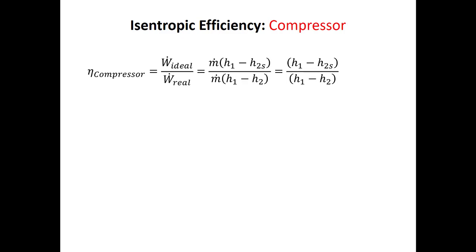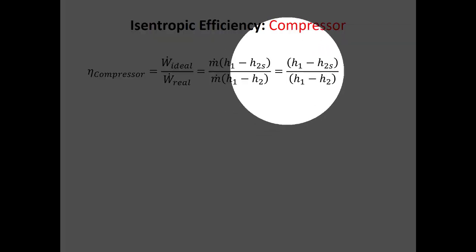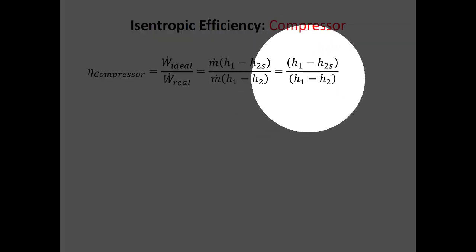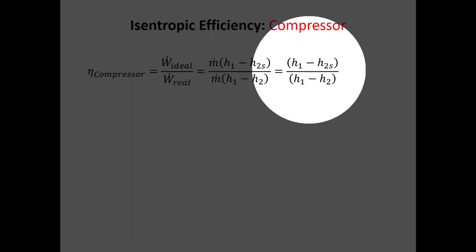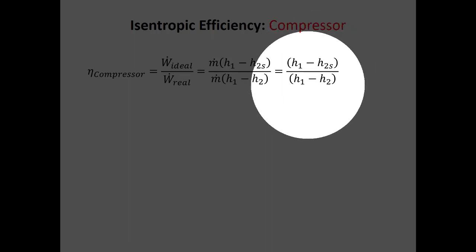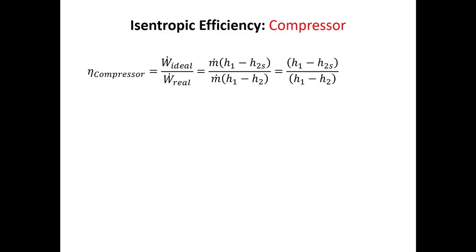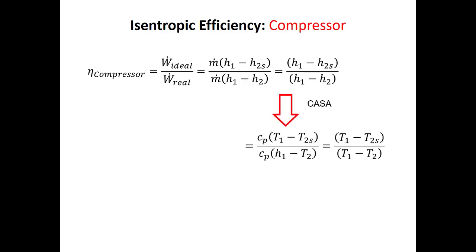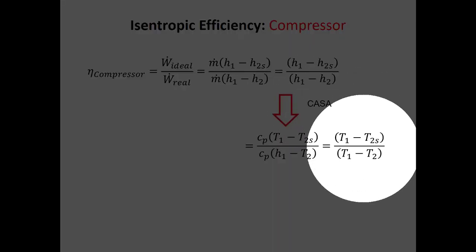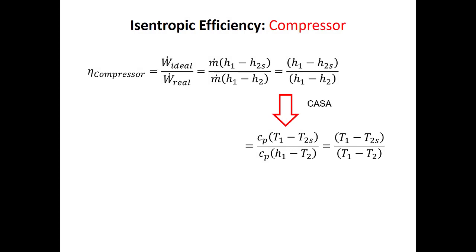If we make the assumptions that we usually make, we can find this as a function of the specific enthalpies across the ideal compressor on the top and the real compressor on the bottom. And that's great if I'm doing a variable specific heat analysis. If I'm doing a constant specific heat analysis, then I pull specific heat out from the numerator and the denominator, and I'm left with an equation that's a function only of the temperatures.